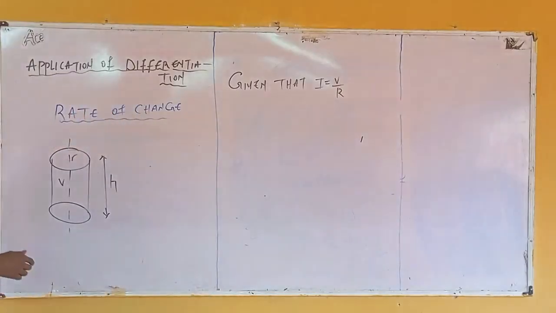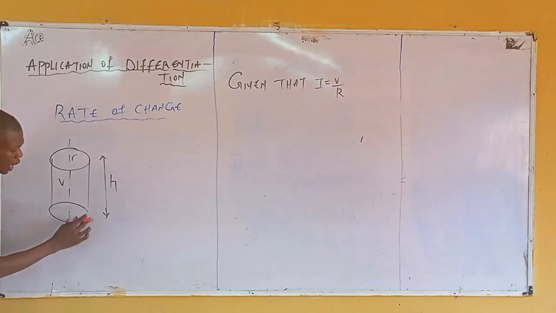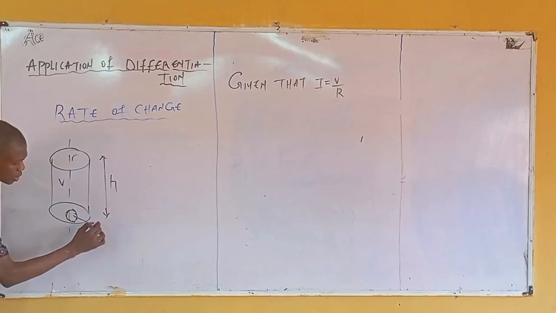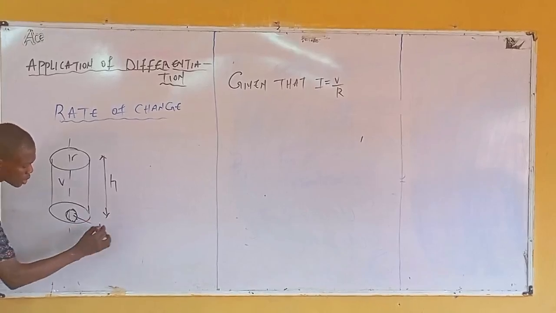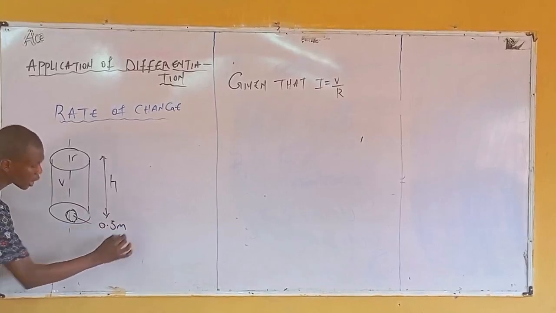Now, how it works is that at rate of change, you want to determine how the fluid will change with respect to time. Let's say you have at this bottom an opening, and call this the diameter of the opening. Let's say 0.5 meter.